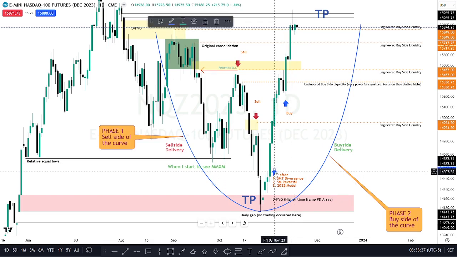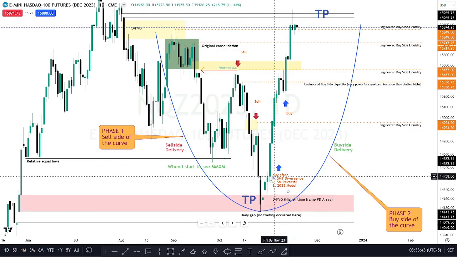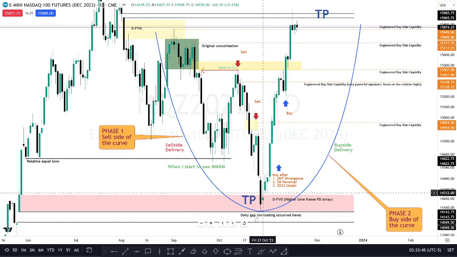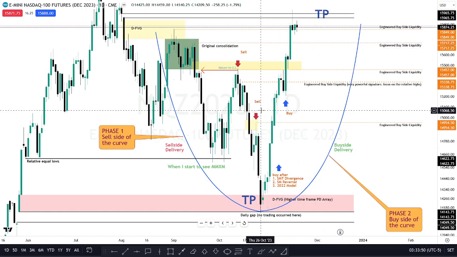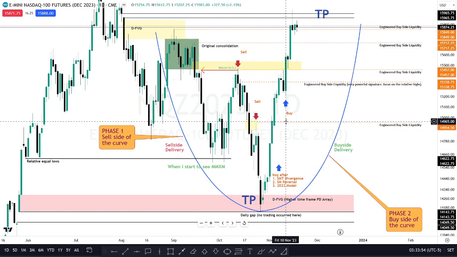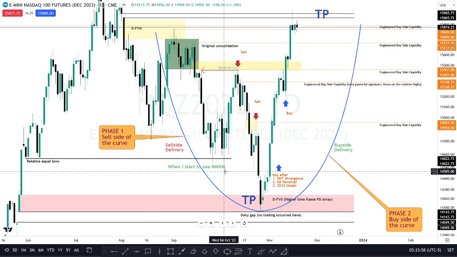Remember, I mentioned that I will go to a lower time frame and focus on the entries, on how we could have got the entries here going forward into this being our final TP. And I mentioned this engineered buy side liquidity, and how we are going to deal with it.